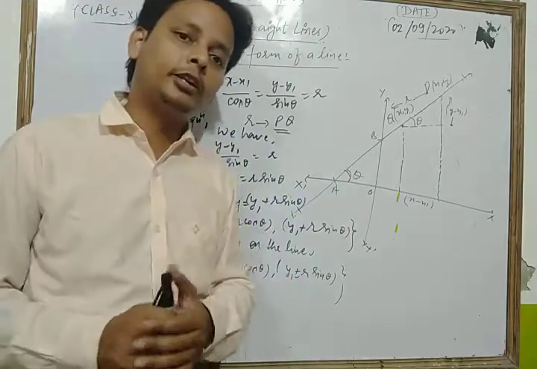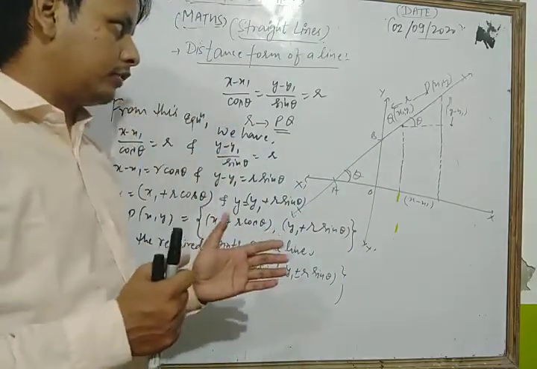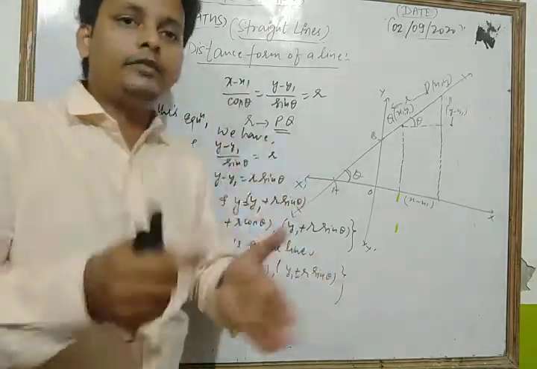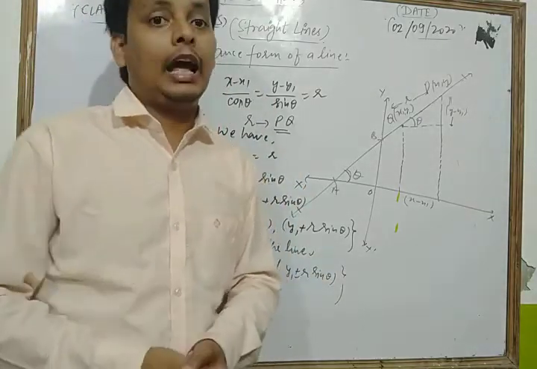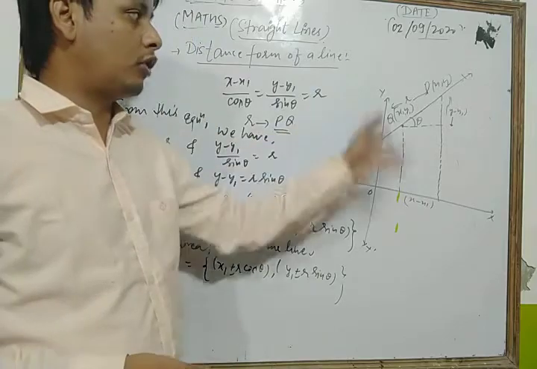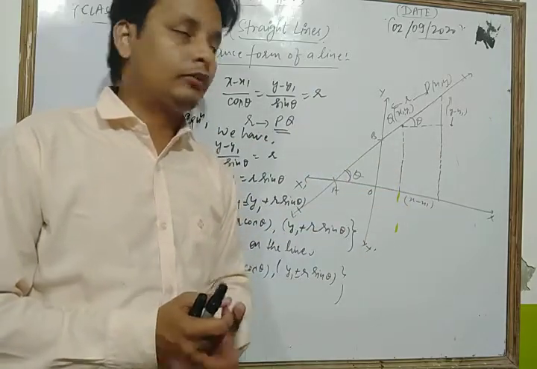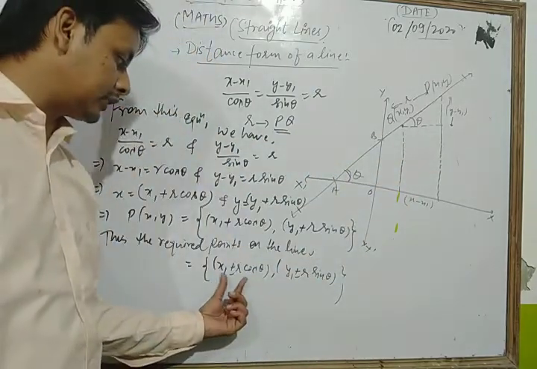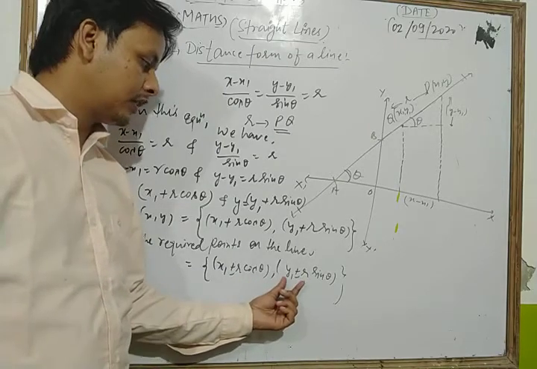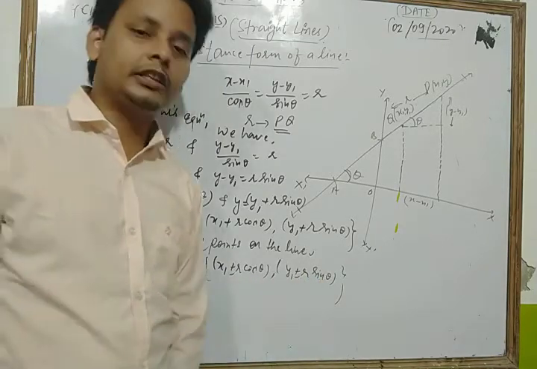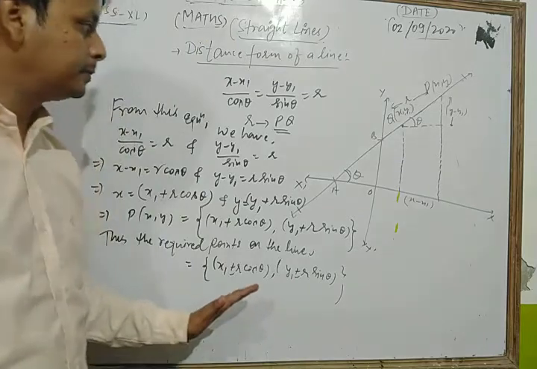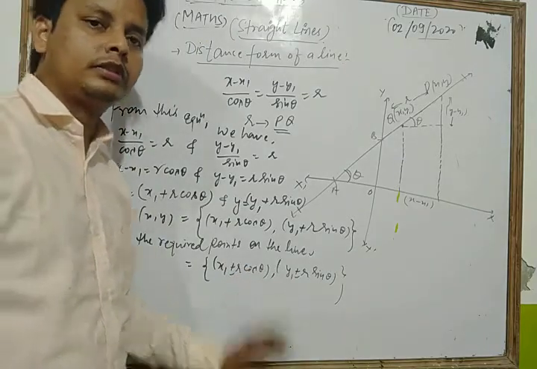So the required coordinates of a point which lies on the line and whose distance from a given point (x1, y1) is r are given by x1 plus or minus r cos theta and y1 plus or minus r sin theta. This is one of the most important results of that topic.